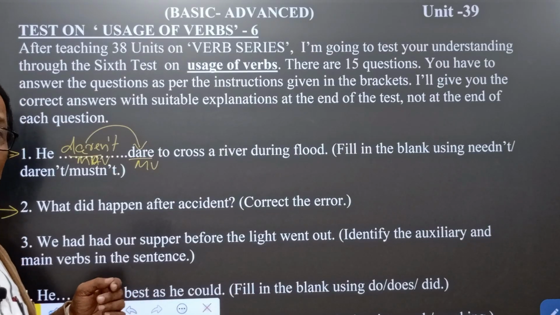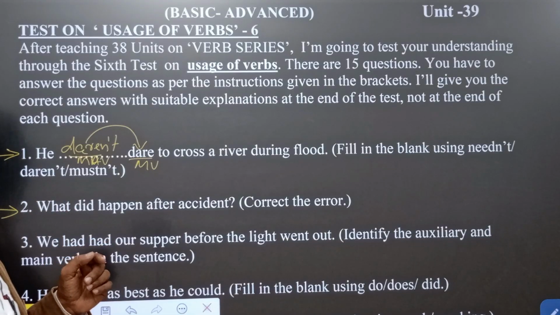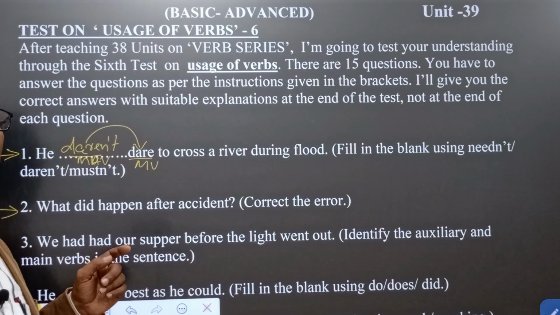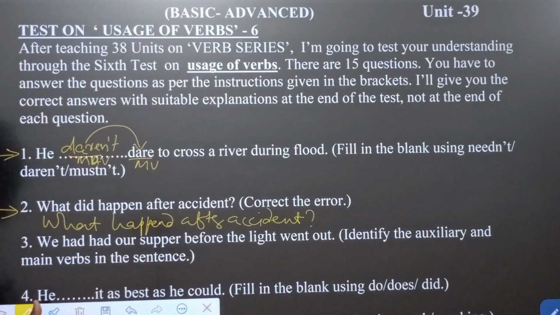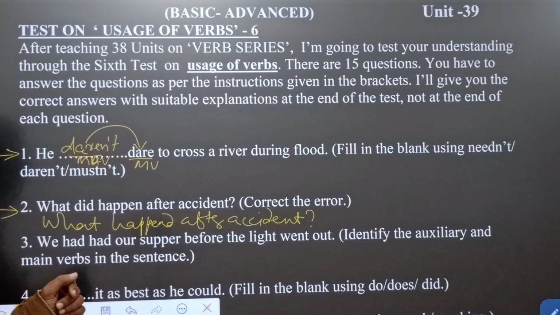But whenever what, who, which are used as the subject of the question sentence, usually auxiliary verb plus subject is not used. Therefore, what happened after accident? This is the right question.